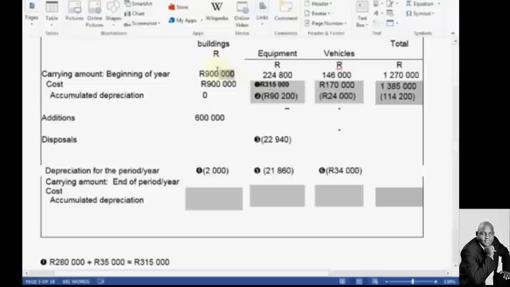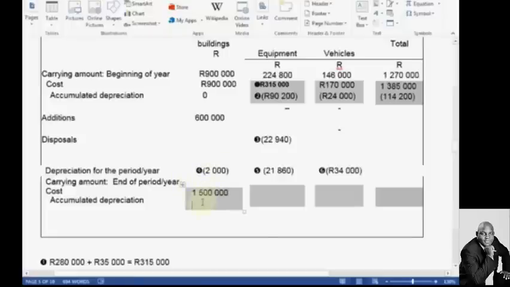Okay, now that's easy, because then you add your carrying amount at the beginning of the year minus the depreciation plus the additions, right? And that will give us 600,000 plus 900,000 to give us 1.5 million.